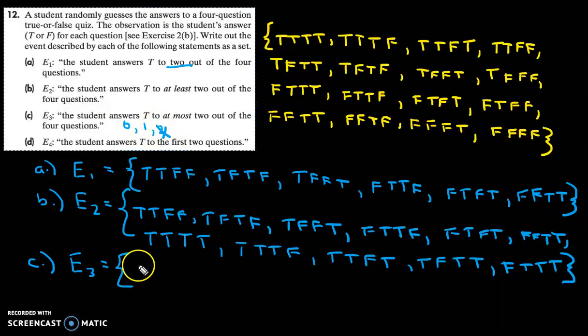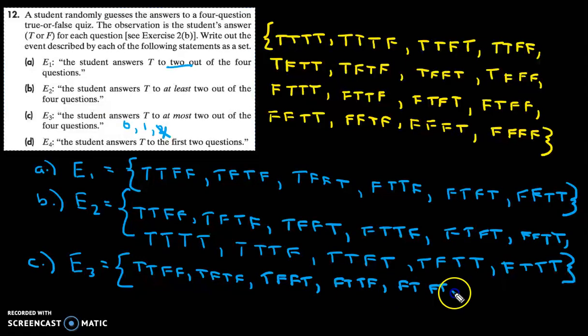So I'll just copy this down again. Okay, so there's copying down all the ones that have 2. So how about the ones that have 0 or 1 true?